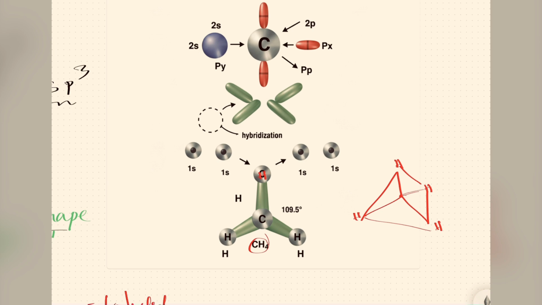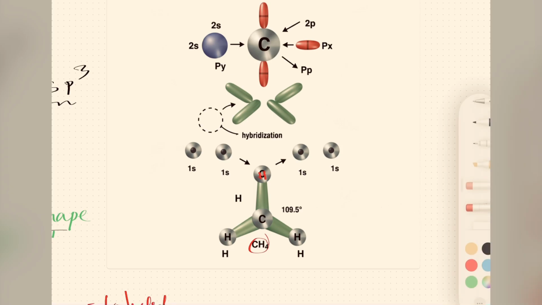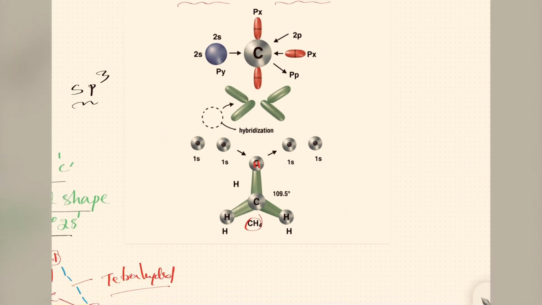So that is a tetrahedral shape. That is a digital diagram we can understand in a digital manner. But it does not have complete clarity because the diagram is 3D, so we may not get the correct observation on the screen. Clear, friend? So that is about sp3 hybridization of carbon.